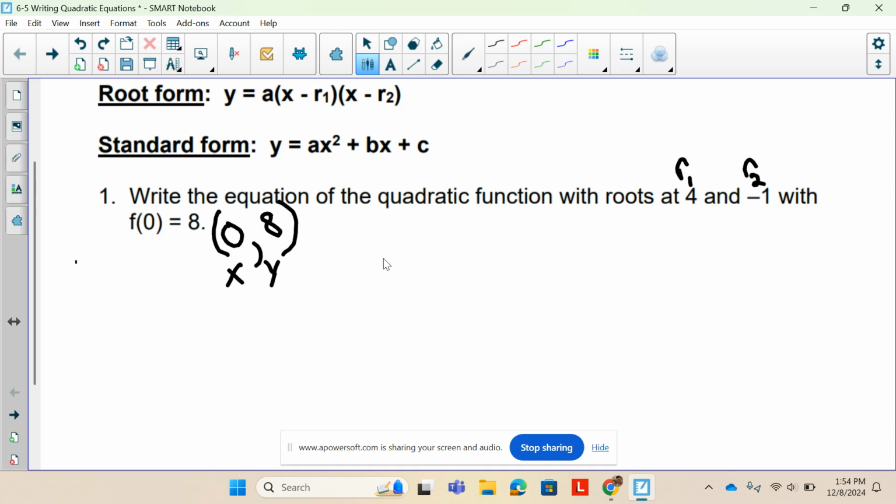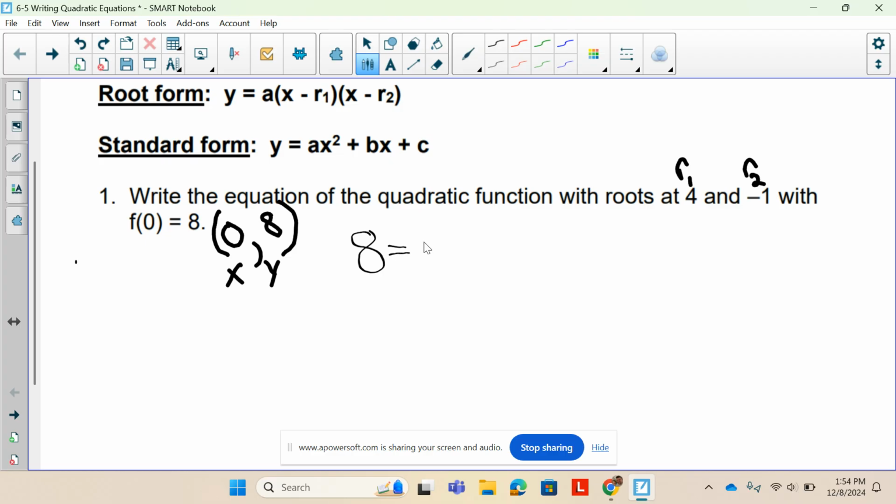So that is y equals a times (x minus r1)(x minus r2). So I'll just fill in what I know. I know that my y value is 8.